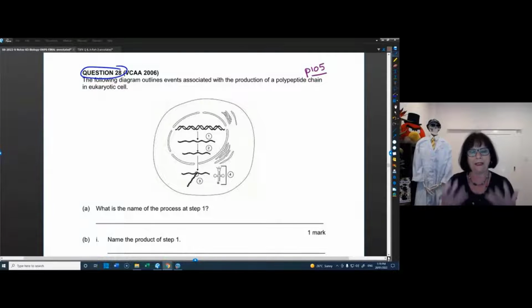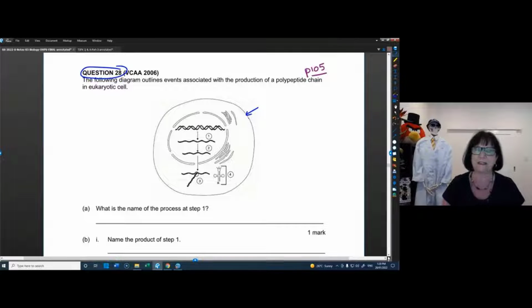Now, we get a lot of information, and what VCAA loves to do is put diagrammatic representation rather than lots of text to read. They often have diagrams, especially of processes, and this is a typical example of a diagram. So when you look at this, you should be able to recognize immediately what is showing in here.